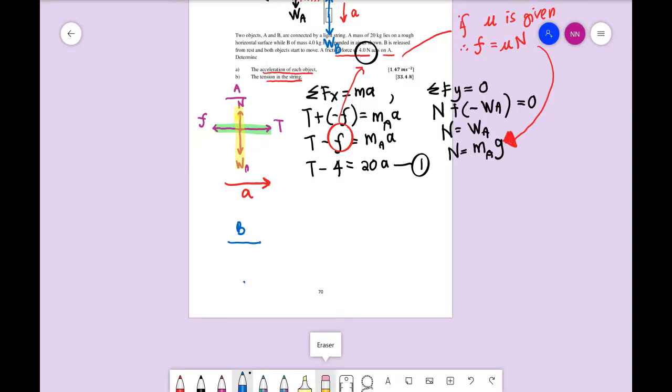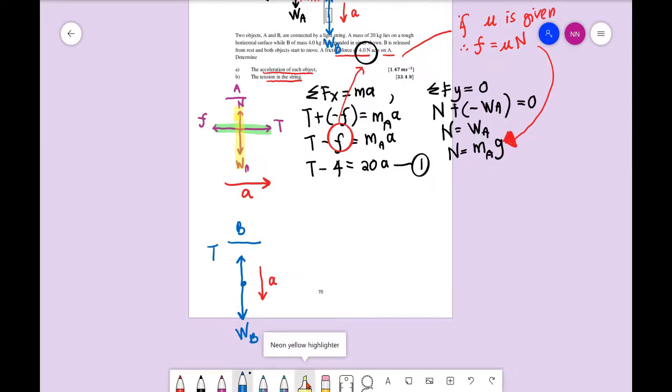Object B has weight B vertically downward and tension upward, and object B accelerates downward, because object A moves to the right, so object B must move downward. Should be synchronized, because they are in the same system.